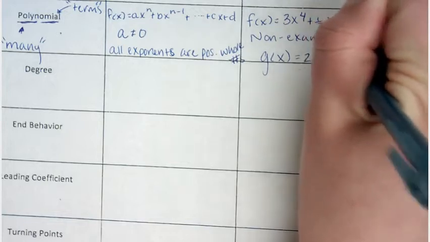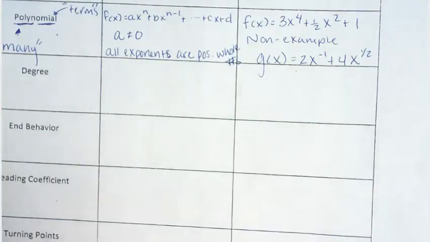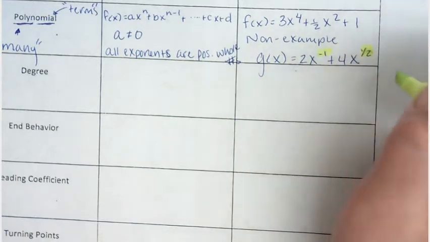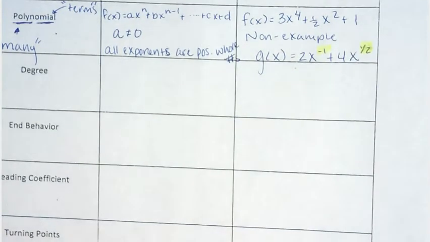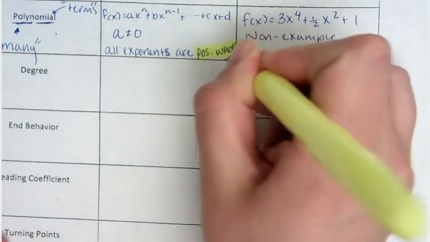A non-example would be if you had g of x equals 2x to the negative 1 plus 4x to the 1/2. So the issue with this is the negative 1 and the 1/2. These make it a rational function, not a polynomial. And the important part here is that your exponents are positive whole numbers.